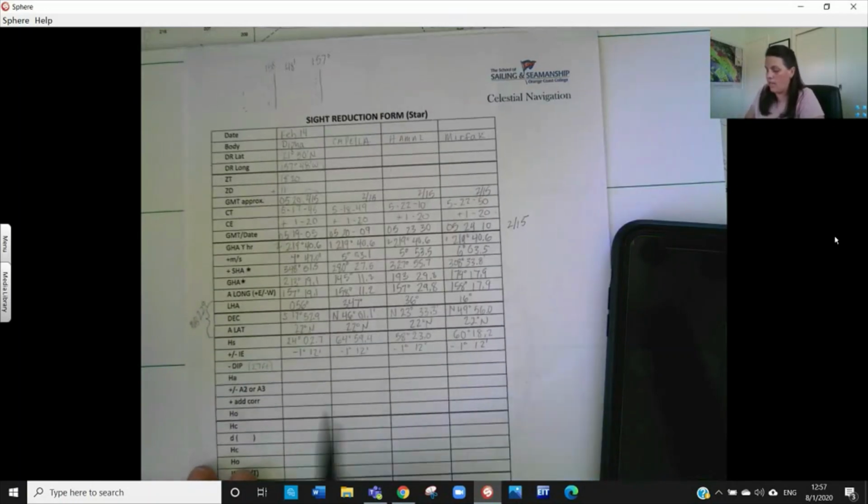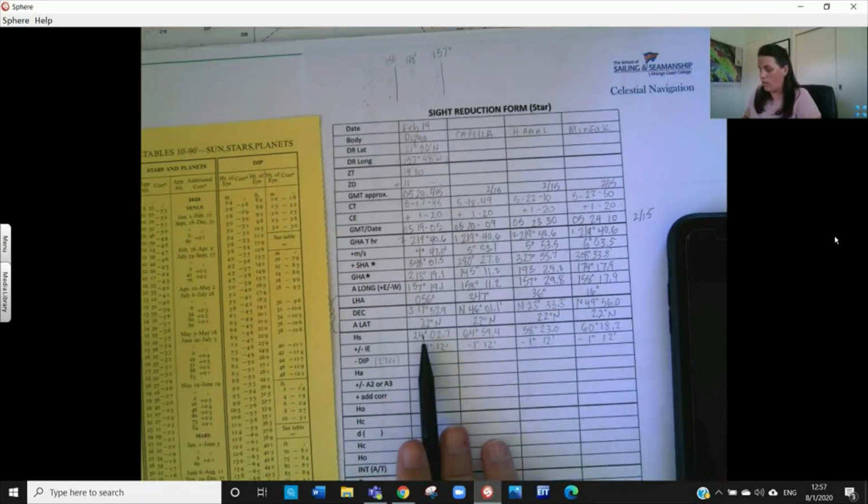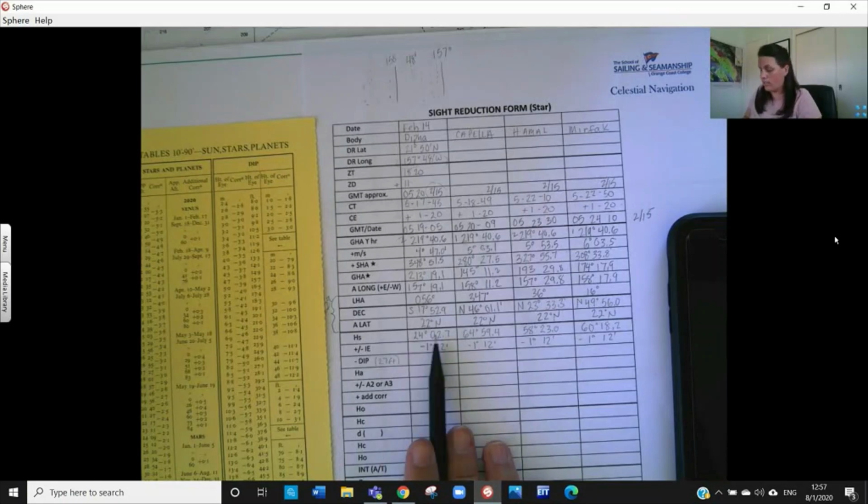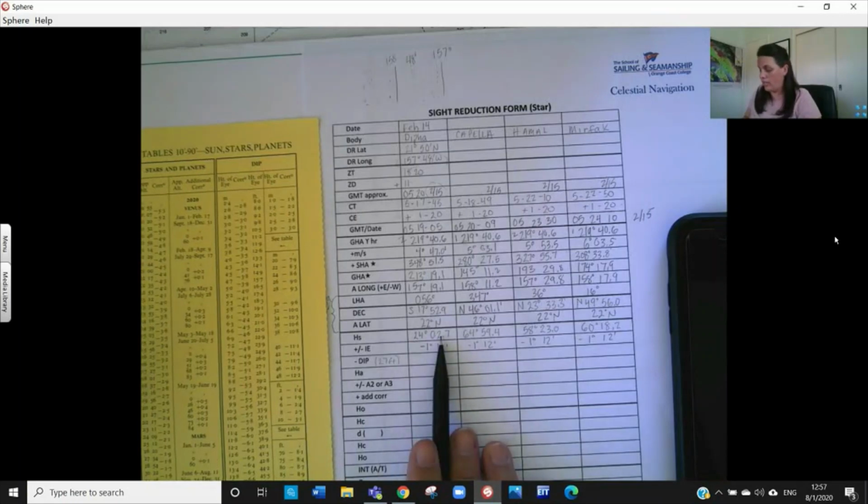Before I switch over pubs, I have to correct my sextant altitude to my observed altitude, and we use our Nautical Almanac to look up the corrections for that. So let's bring in the Nautical Almanac. We have our raw sextant altitude already in.